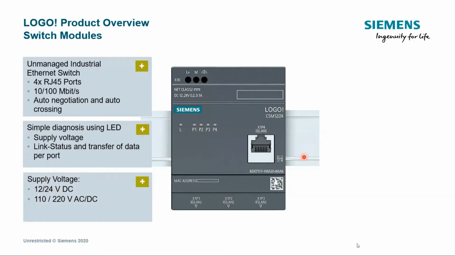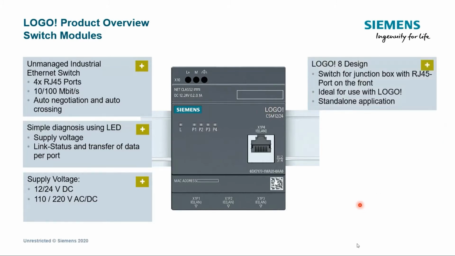And it comes actually in 2 versions for flexibility. So it can be a 12/24 volt DC, or it can be 110 and 220 volt AC or DC. So this allows you to use the appropriate switch module with the logic module that you are using, which is suitable for your application.